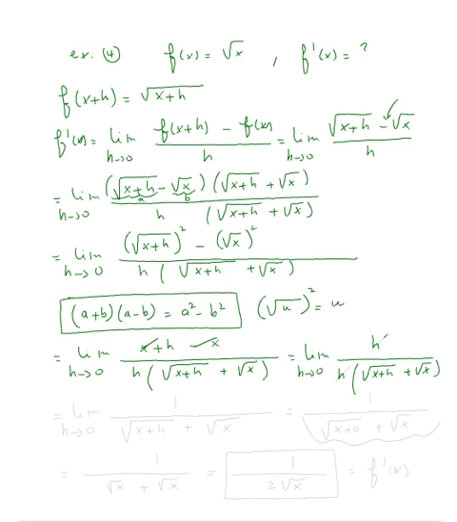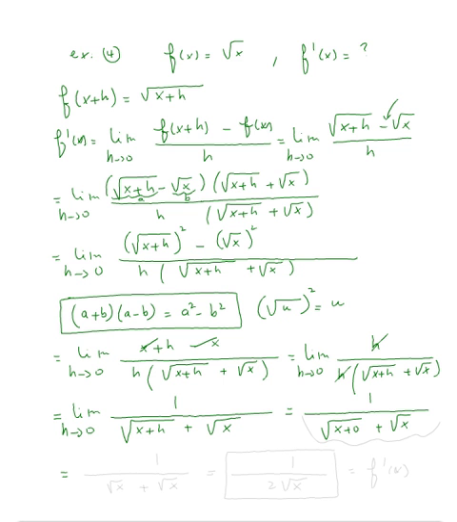Now we simplify h over h. So this is equal to the limit as h approaches 0 of 1 over square root of x plus h plus square root of x. And now as a final step, like always, we plug in 0 for h. If we do that, we'll get 1 over square root of x plus 0 plus square root of x.